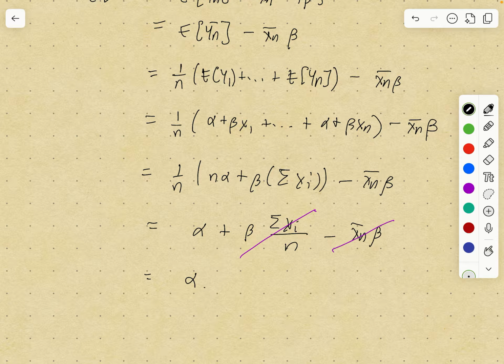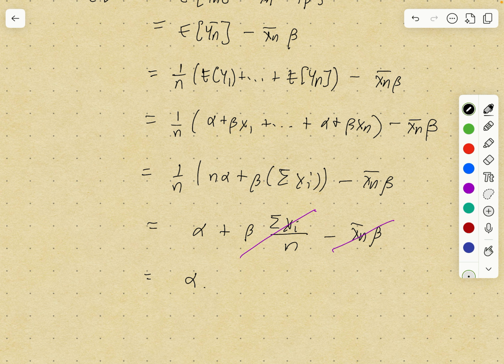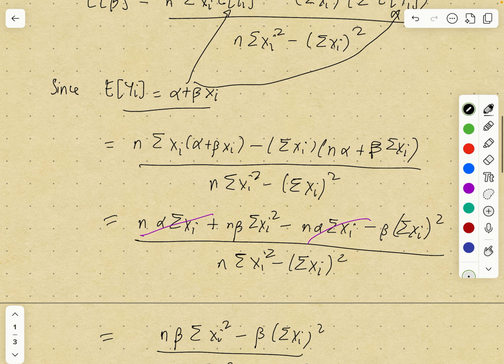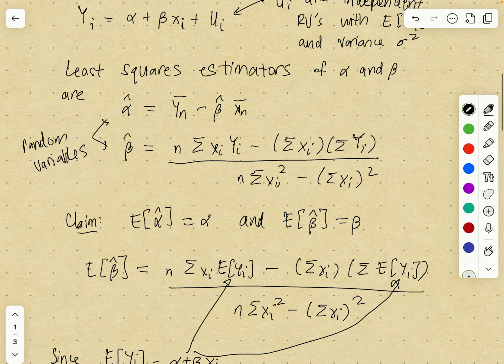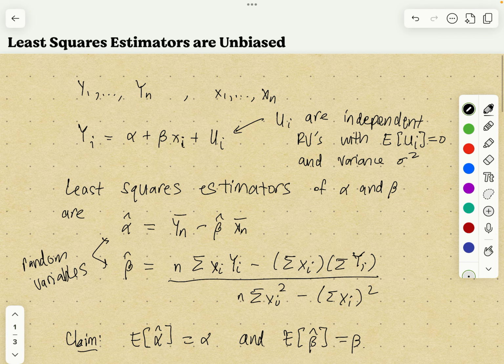So that proves that the expectation of alpha hat is equal to alpha, which means that alpha hat is an unbiased estimator of alpha. And so that completes the proof that alpha hat and beta hat are unbiased, that these least squares estimators of alpha and beta are unbiased.